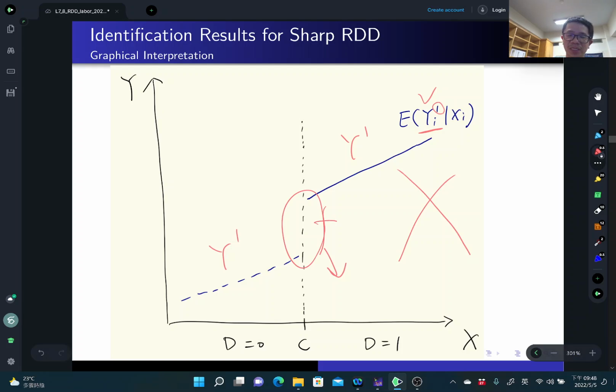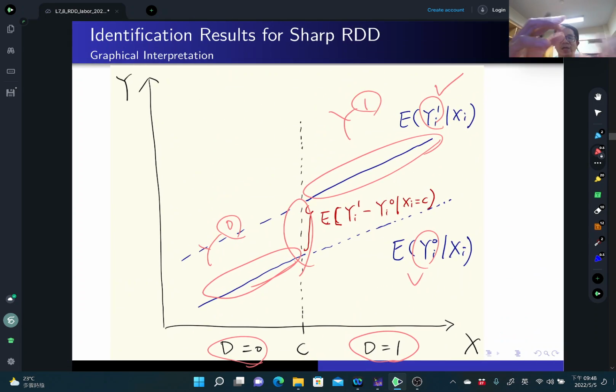And any discontinuity would be due to other factors except for the treatment status, for example family background or other unobserved or observed factors. So the continuity assumption implies all other factors are very similar around the cutoff except the treatment status. Then any discontinuity in observed outcome can be attributed to the treatment assignment.